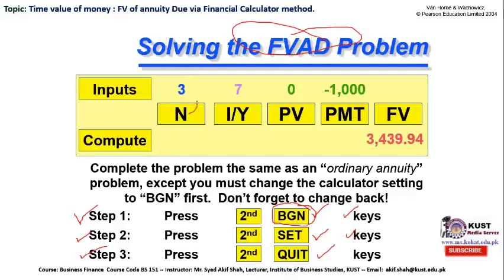The N represents the number of years this annuity will prevail, or the required number of years for this investment opportunity to mature. I represents the compound interest rate. Y represents yield. Yield and compound interest rate are the same. Present value is not required. Future value is the requirement of this question.